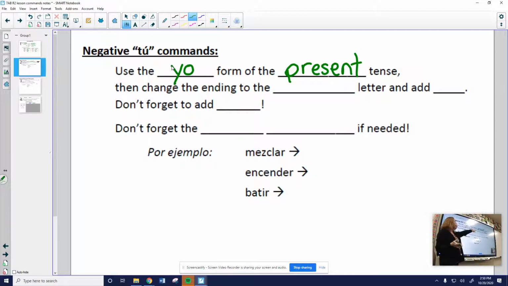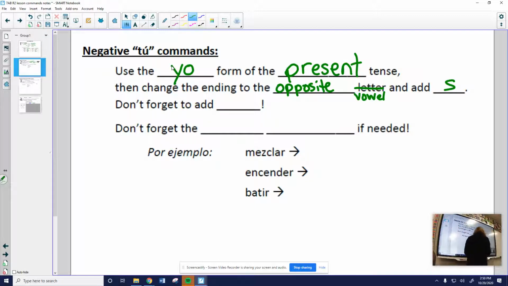Instead of an O, you change it to the opposite vowel. Does your paper say letter or vowel? Vowel is better. That's more specific. Do you remember what the vowels are? A, E, I, O, U? Okay. So change the ending to the opposite vowel and add an S.